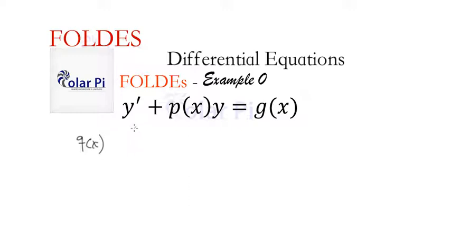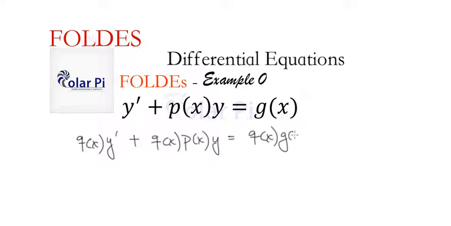So that'd mean that multiplying both sides of this equation by q of x, we can write q of x times y prime plus q of x times p of x times y is equal to q of x times g of x. And here's a special property that we're going to assume q of x has.